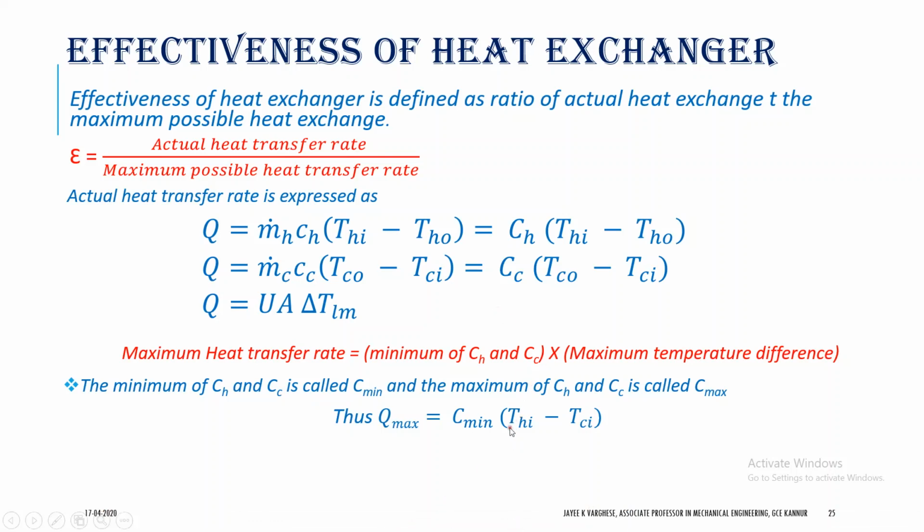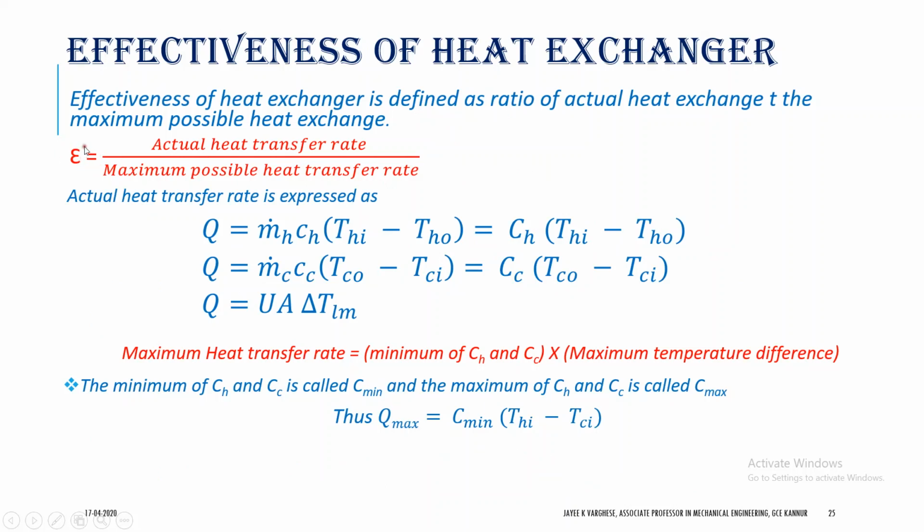Now, knowing a relation like Q by Q max is equal to epsilon, the actual heat transfer divided by the maximum possible heat transfer is equal to epsilon.